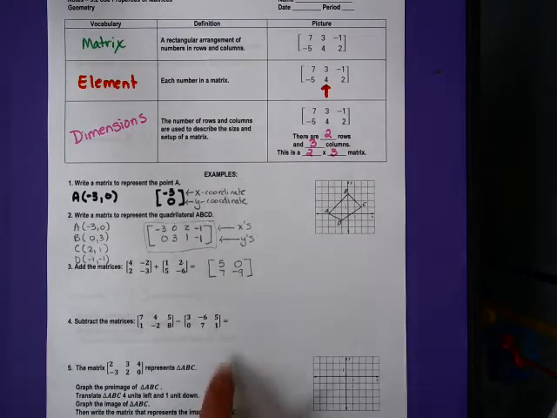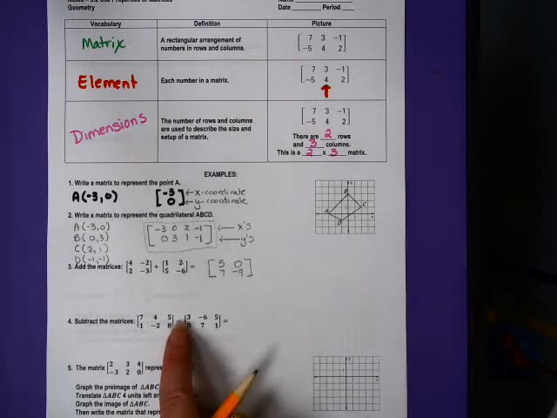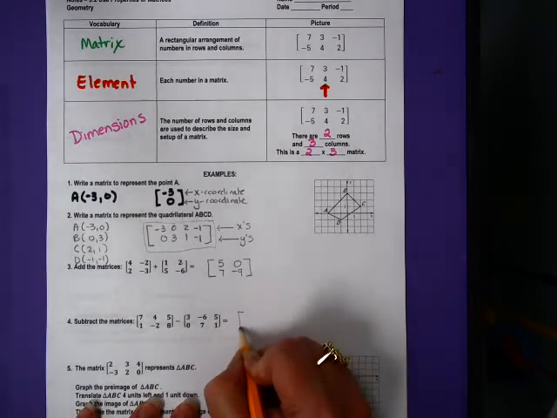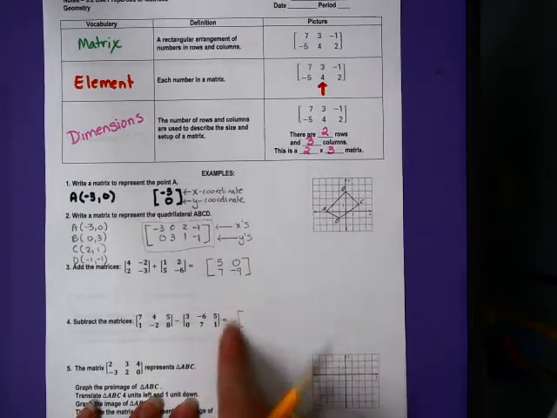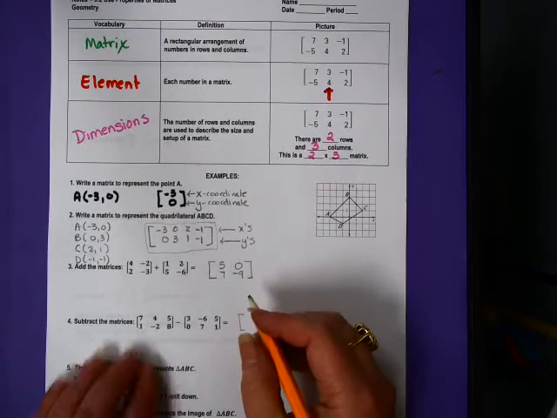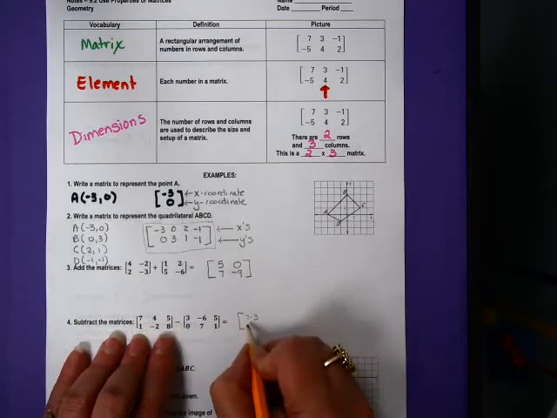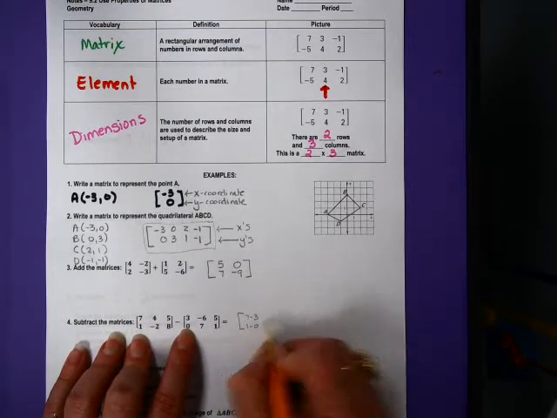On the next one, I'm going to show you the work involved, because sometimes when we're subtracting, especially when we have to subtract a negative, we forget that we have to change it to a positive. This part, you don't have to write down. This is what you think in your head. So this is 7 minus 3. Then 1 minus 0.